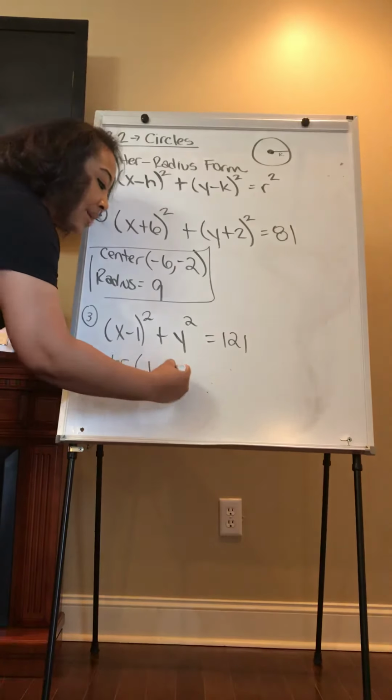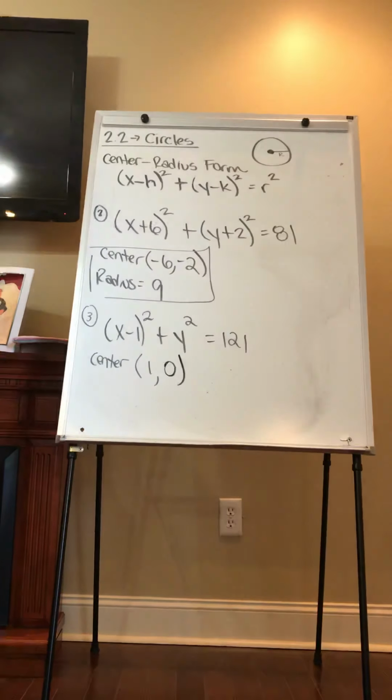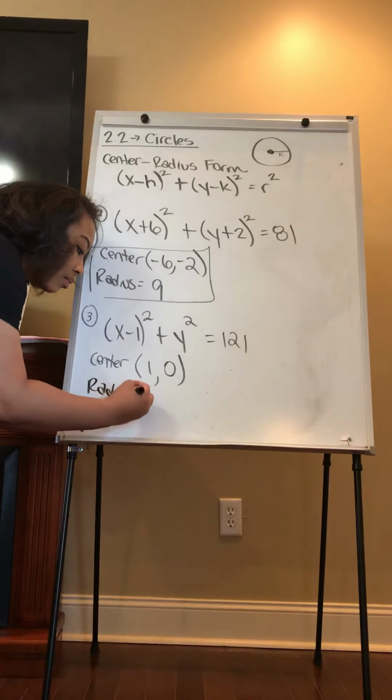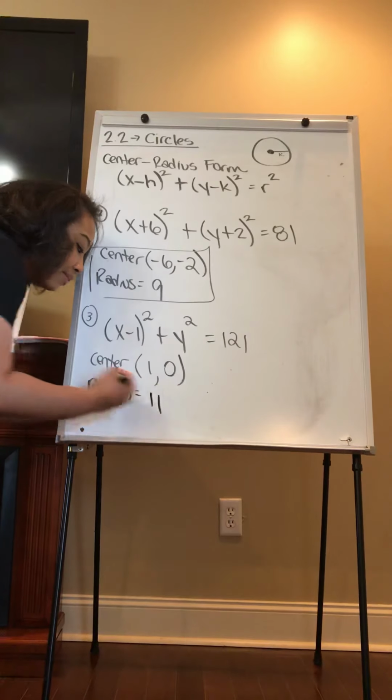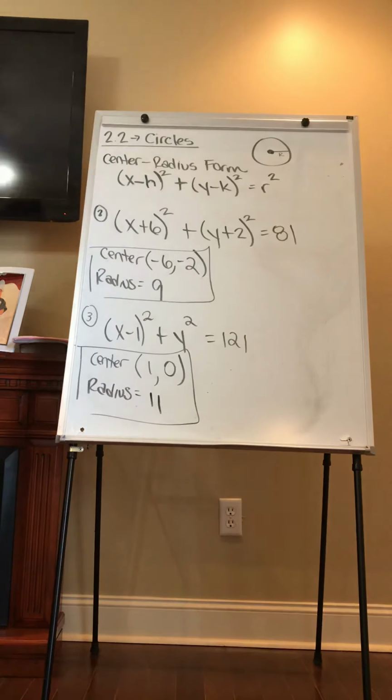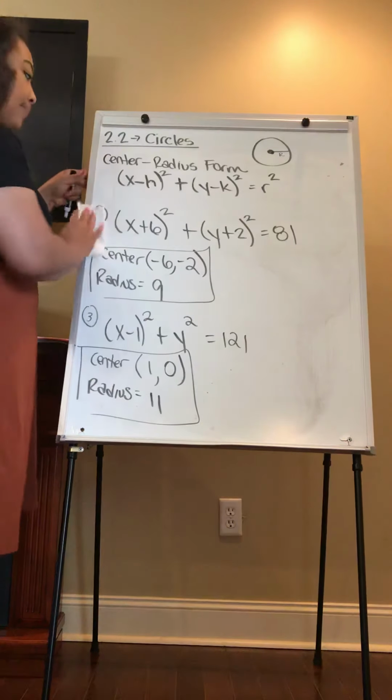So if it's not in parentheses, the number that would represent just x squared or y squared is 0. And my radius would simply be 11. The square root of 121 is 11. Easy, easy.